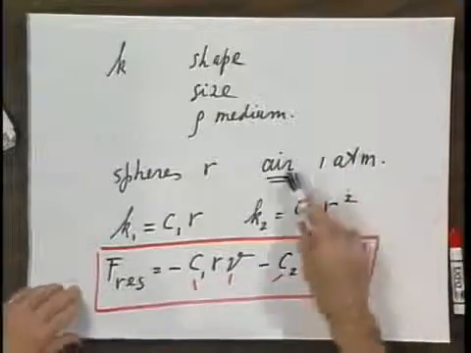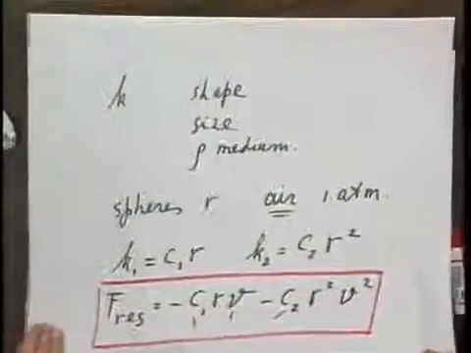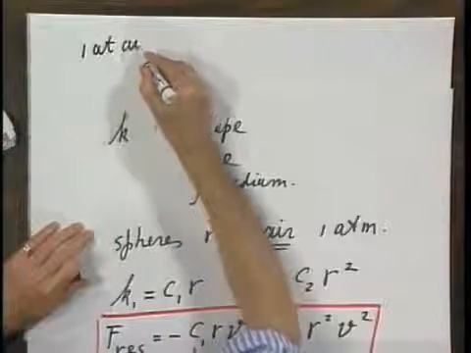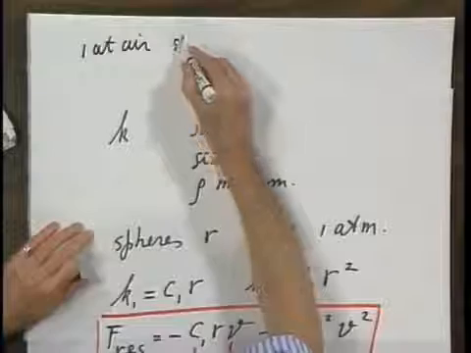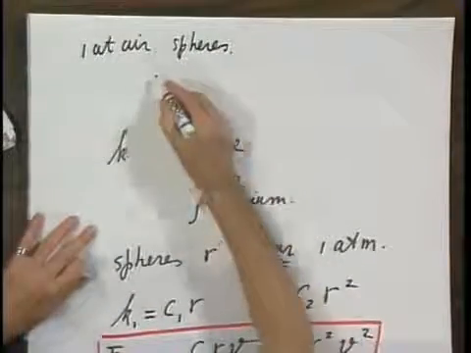And in air, at 1 atmosphere, these constants C1 and C2 have been measured. So we're dealing here with 1 atmosphere of air, and I want to remind you that we deal with spheres.